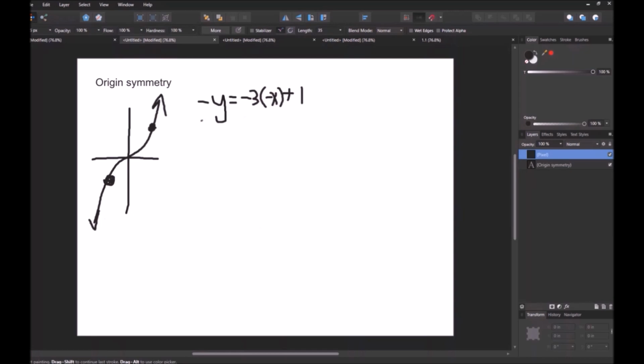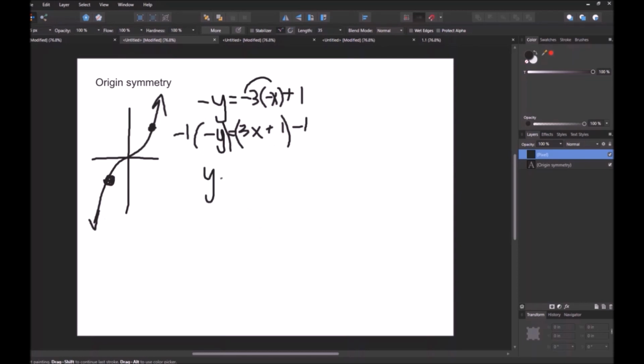Now we want to evaluate here. Negative y equals, so this is going to become a positive 3x, because essentially we're multiplying negative 3 by the negative 1 in front of the x and getting a 3x there. And then we're going to multiply by negative 1 on both sides, because that's how algebra works.